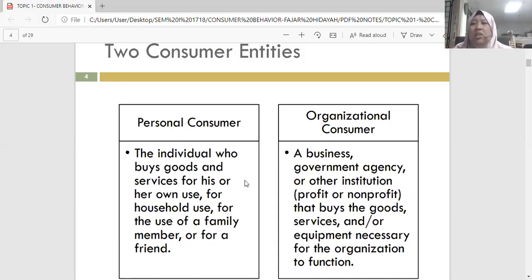Whereas the organizational consumer is a business, government agency, or other institution, profit or non-profit. This one is focusing on the ITB class, if you still remember.